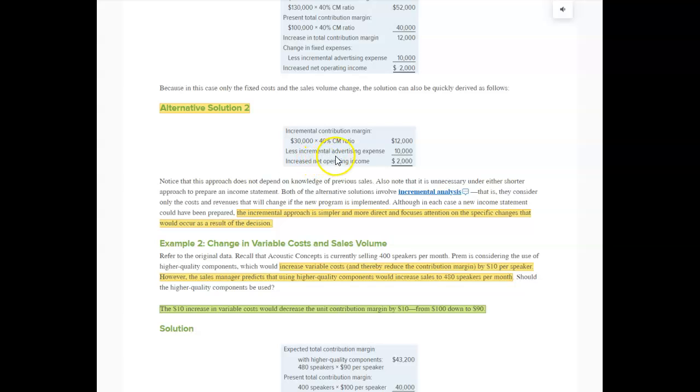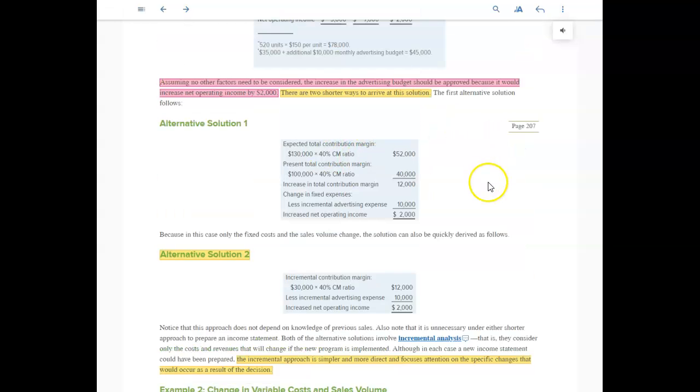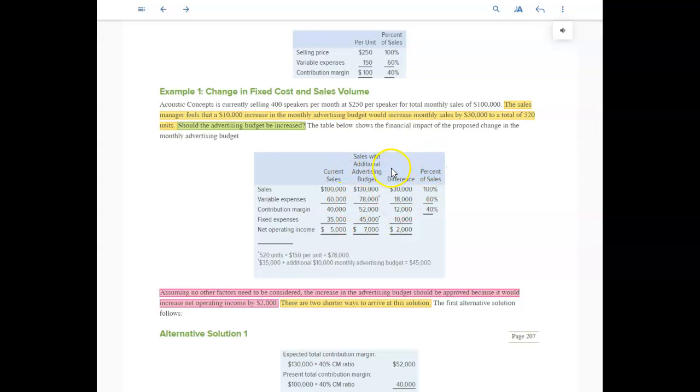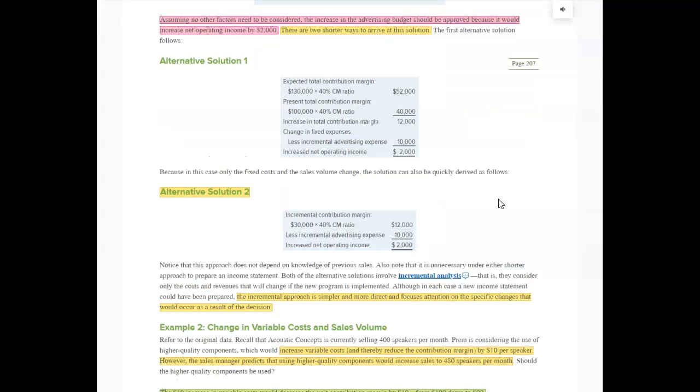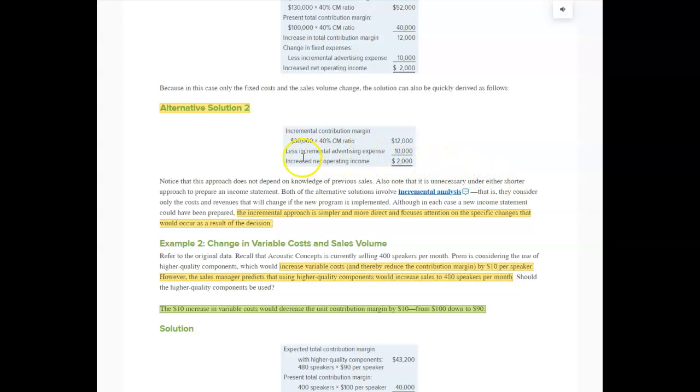And our incremental advertising expense went up 10, and $2,000. So you can make the calculation right here, or you can do it this way, or you can do it this way. But once you know more about your numbers, the contribution margin, that ratio, sales, fixed cost, variable cost, you can start making very quick calculations to get the answers you're looking for.